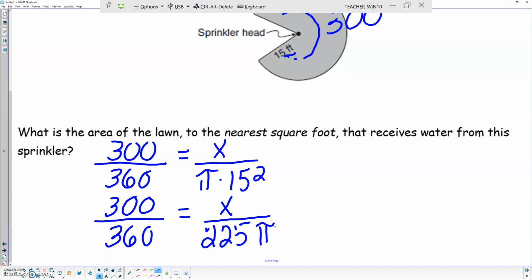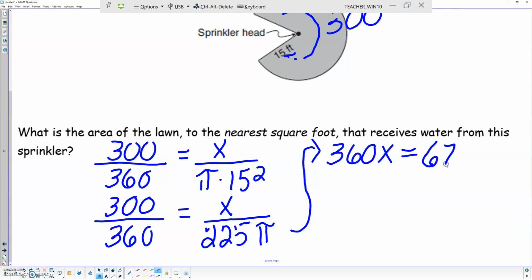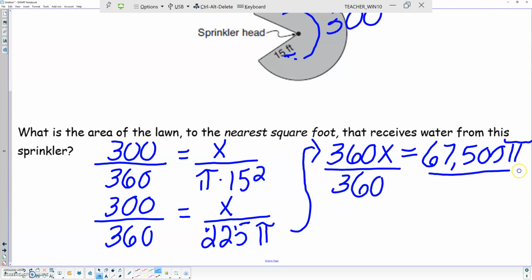From there we're going to cross multiply. So if I cross multiply, I get 360x equals 300 times 225 is 67,500. And then to get x by itself, we're going to divide by 360.